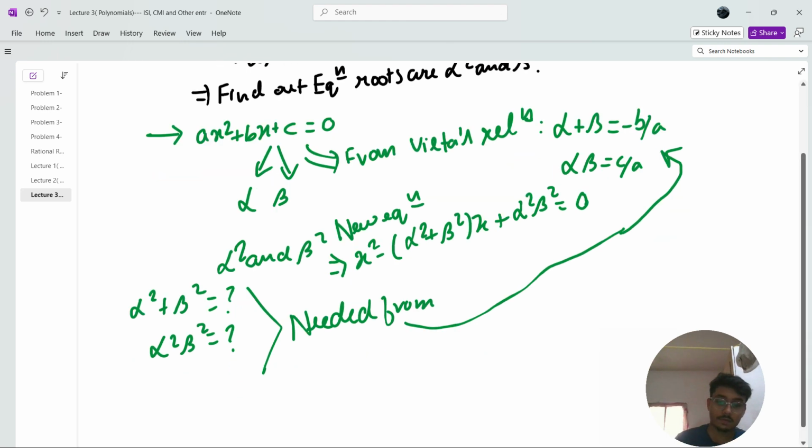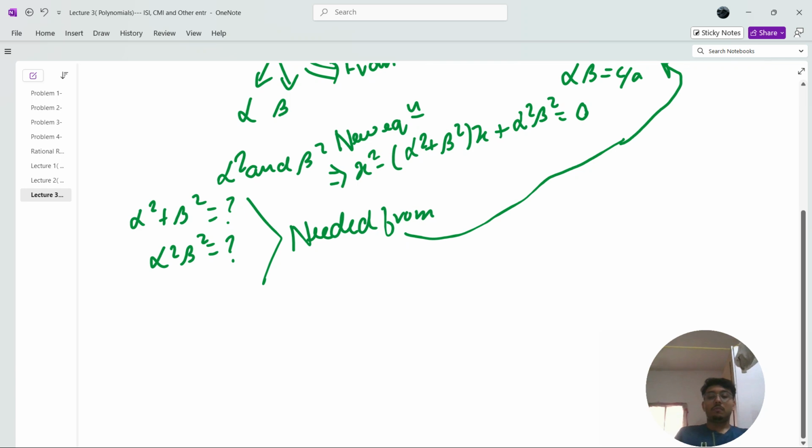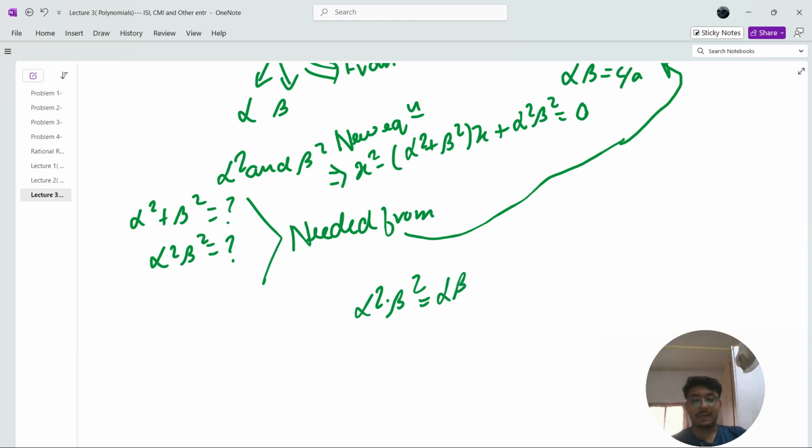My alpha square beta square is very easy. Alpha square beta square would be your alpha beta's whole square, which is c by a whole square, that is c square by a square. Now we need alpha square plus beta square.